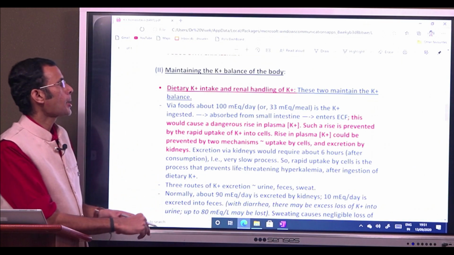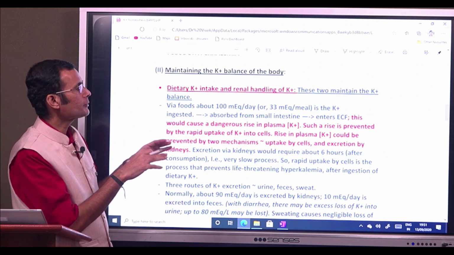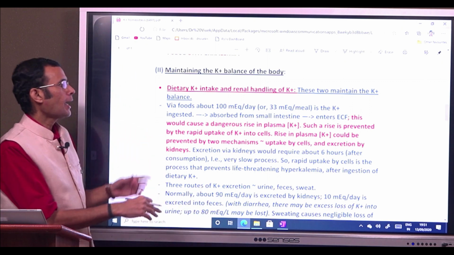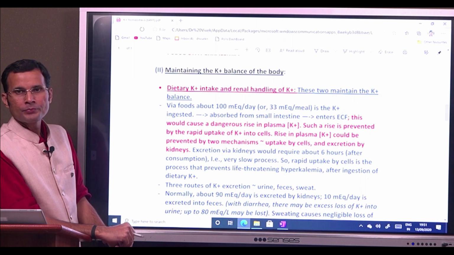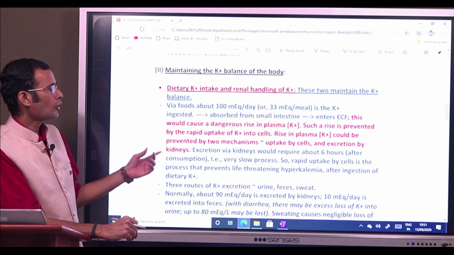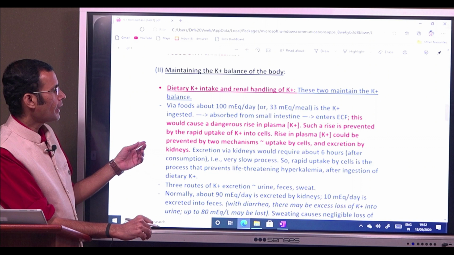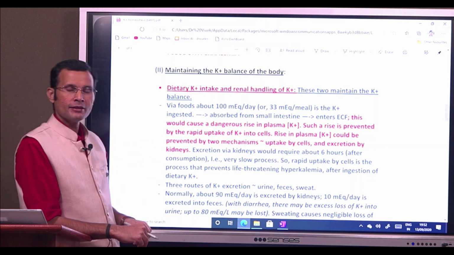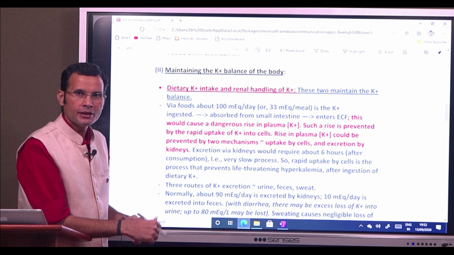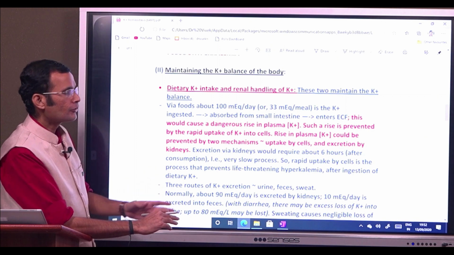But the point is, via foods, about 100 milliequivalents per day is the potassium intake. Absorbed from the small intestine, it enters the ECF, enters the plasma, it would cause a dangerous rise in the plasma potassium levels. So, such a rise is prevented by the rapid uptake of potassium into the cells and excretion by the kidneys, the second mechanism. And excretion via kidneys would require about 6 hours.